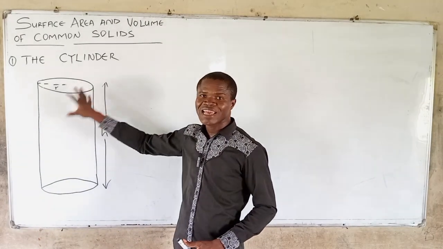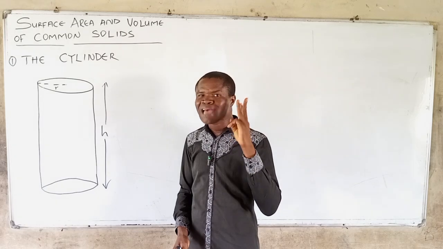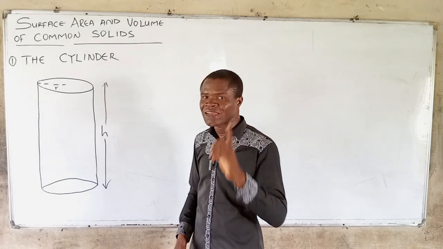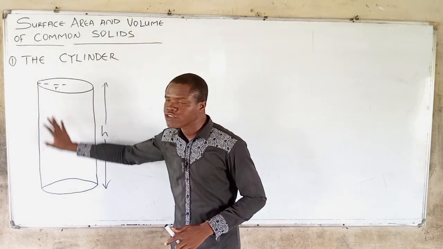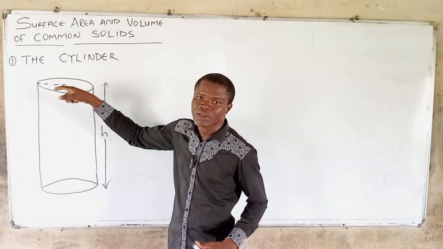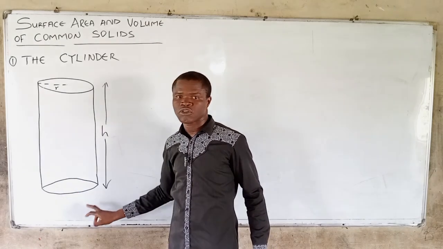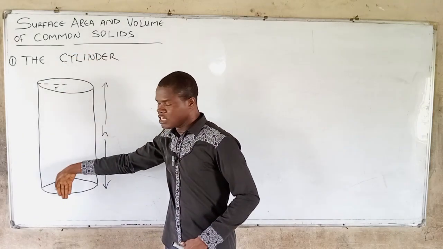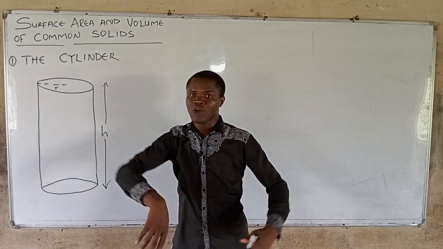For the surface area of a cylinder, there are three types of area you could be asked to calculate. Number one is what we call the curved surface area. That is to say, it does not have a cover for the circular top or the circular bottom. That means if I put my hand through here, my hand can come out through here because it does not have a cover.